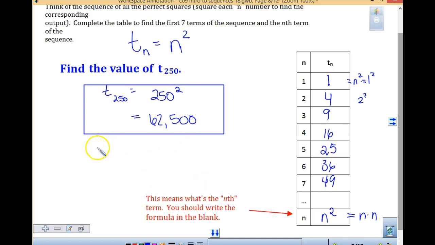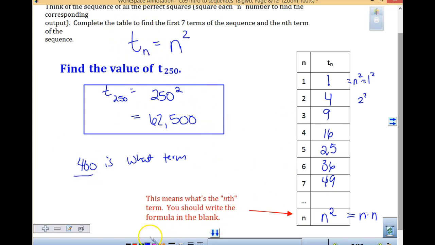Now, what if I asked you this question: 400 is what term? 400 is what term? What you do differently for this one is you would put in 400 for the t of n, okay?